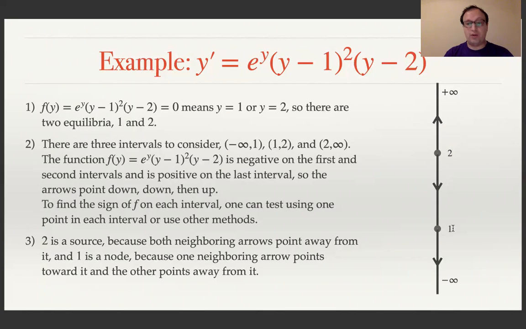If one arrow goes in and another goes out, like for 1, then it is a semi-stable equilibrium or a node. And there is this third kind of equilibrium, which is not depicted on this diagram. If both arrows are going towards the point, then it is a sink or a stable equilibrium.